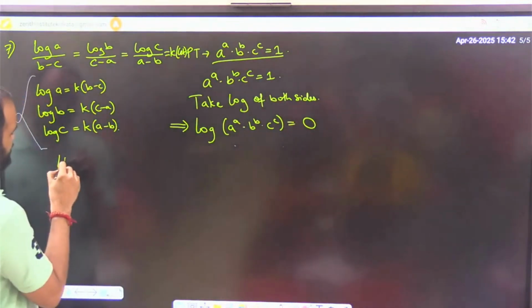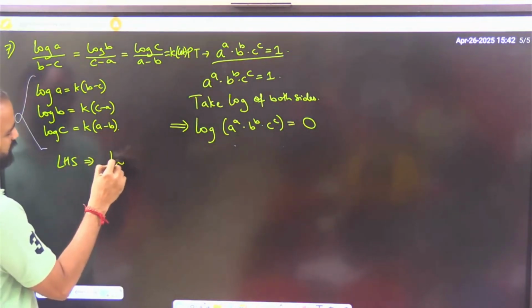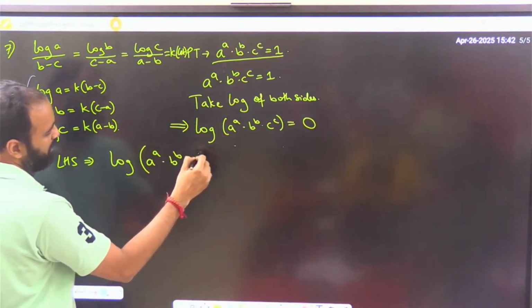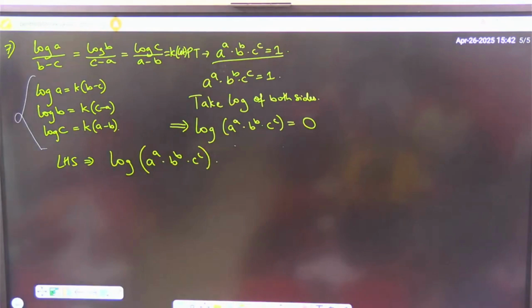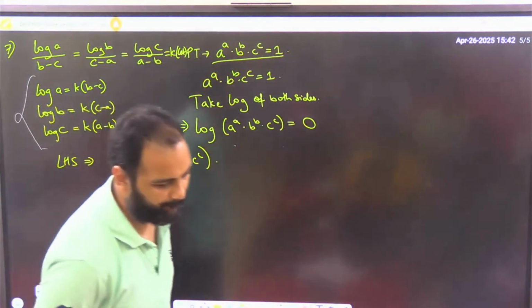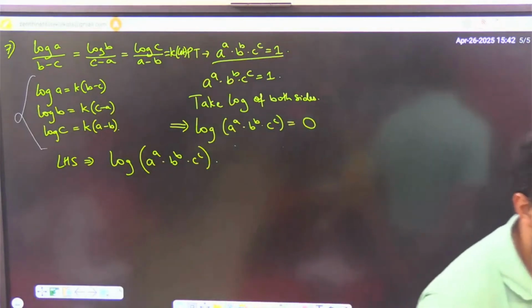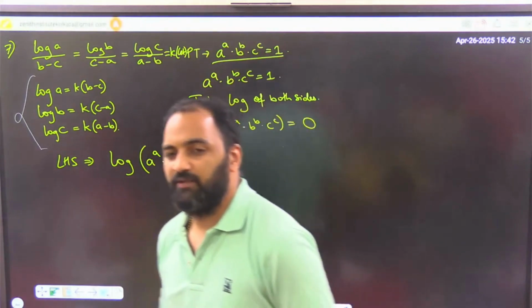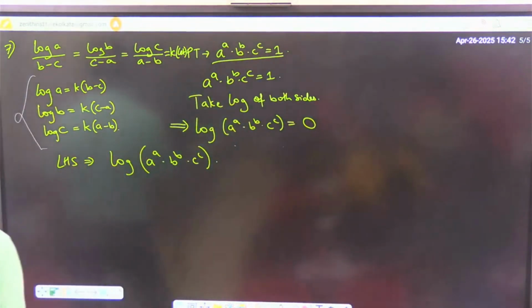So now let's suppose this is our target. We start with the left hand side. What's the left hand side? Log of a to the power a, b to the power b, c to the power c. How do we simplify the entire thing?